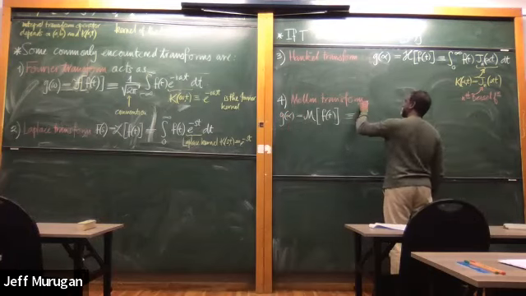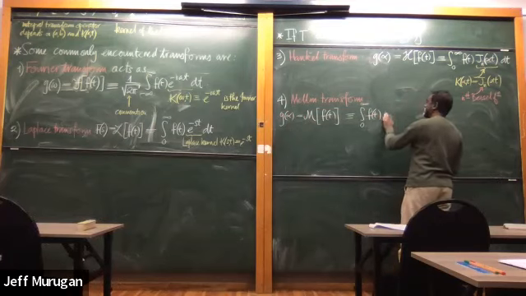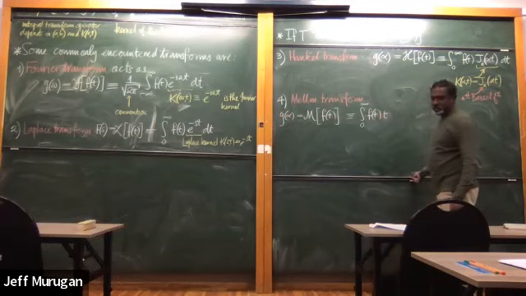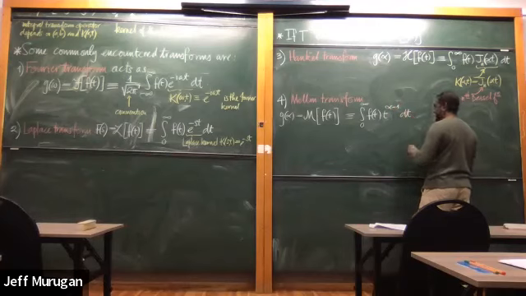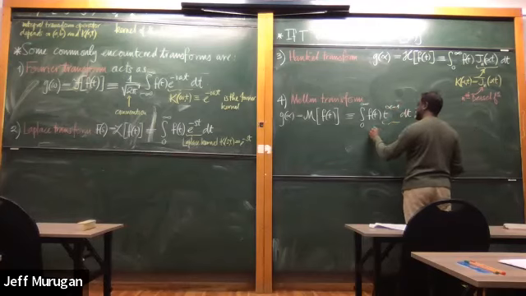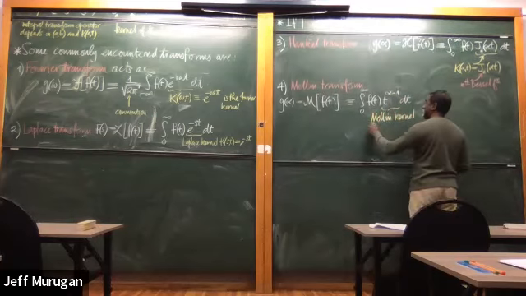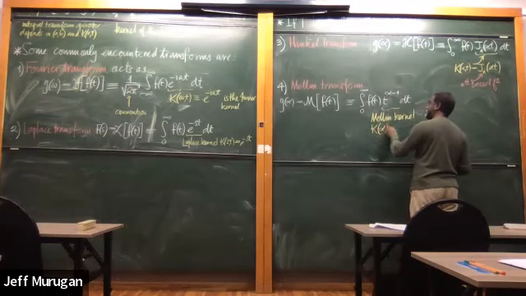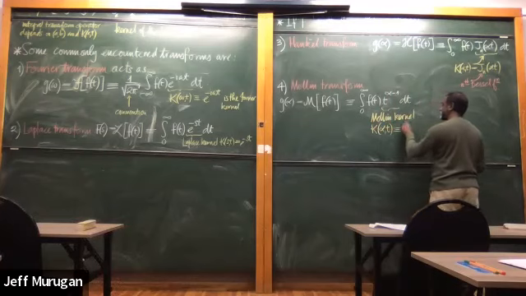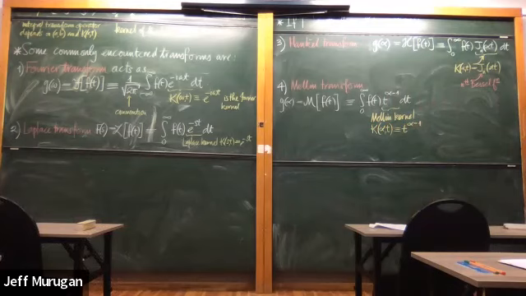the integral from 0 to infinity of f of t times t to the alpha minus 1 dt, where now the Mellin kernel k of alpha t is the power t to the alpha minus 1.